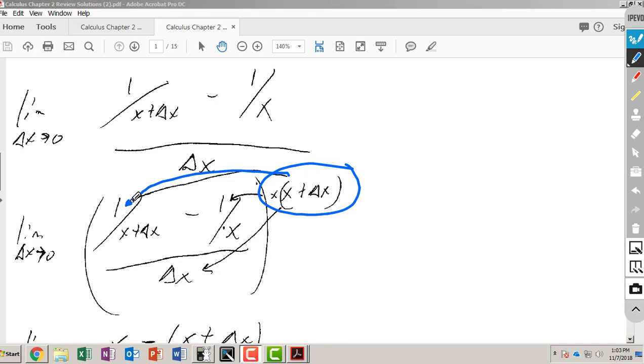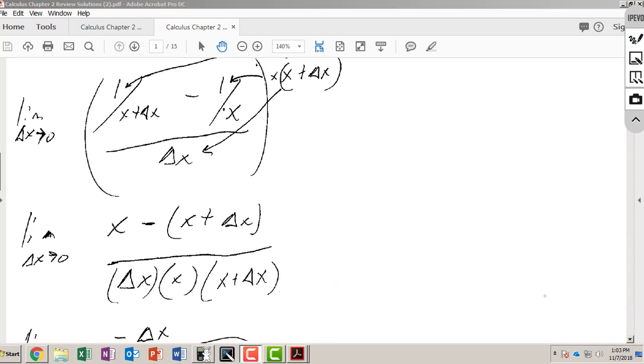And when I do that, I notice the x plus delta x, they're going to cross out. Now when I multiply my second term by x times x plus delta x, it's the x's that cross out. And then when I multiply my denominator by x plus delta x, nothing crosses out, and I'm just left with delta x times x plus delta x.